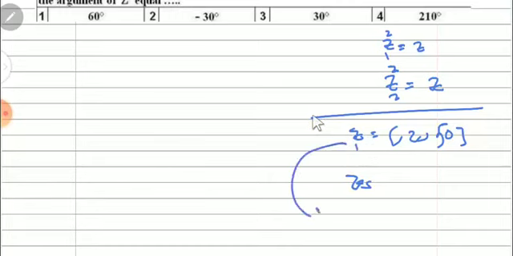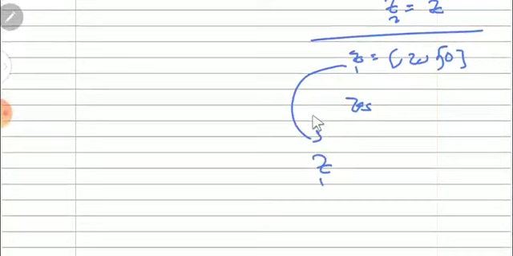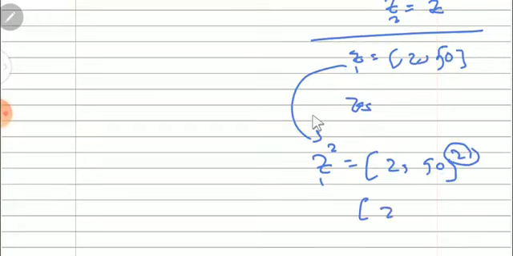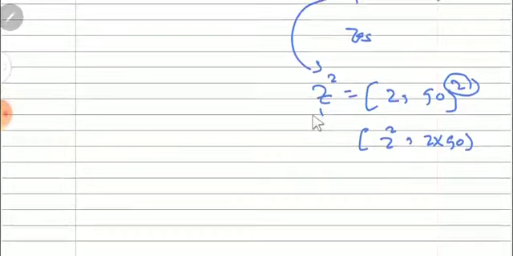Really, teacher? Yeah. So Z1 to the power 2 equals 2 and 50 to the power 2. We all know the power must be applied to the length and multiplied by the argument. So 2 to the power 2 is 4, and 2 multiplied by 50 equals 100. So this is Z, right?